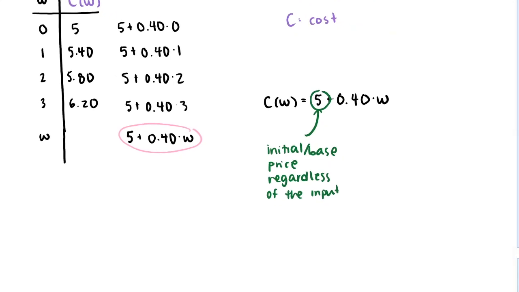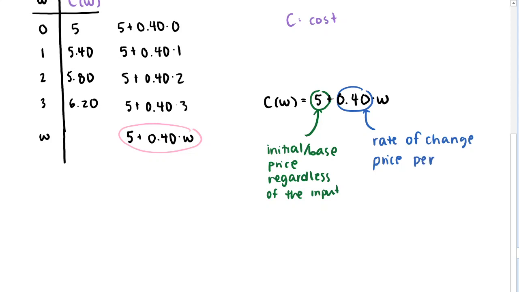And then here, this 0.40, this was the cost, the additional cost per pound of this package. We can kind of think of this as the rate of change. Right, it was the cost or the price, additional price per pound. This was a rate of change here.